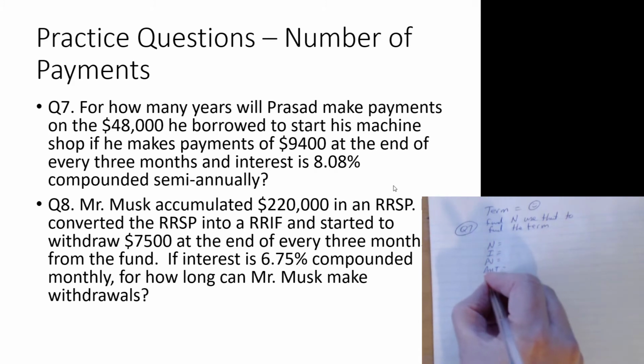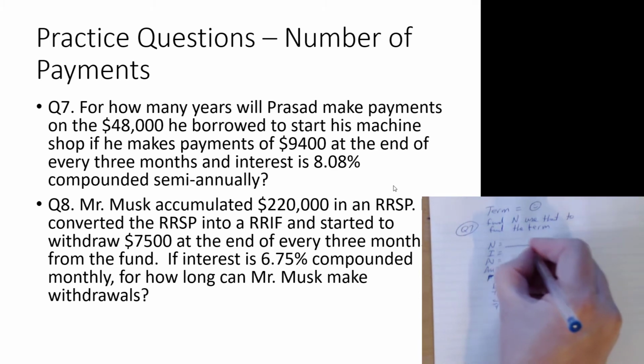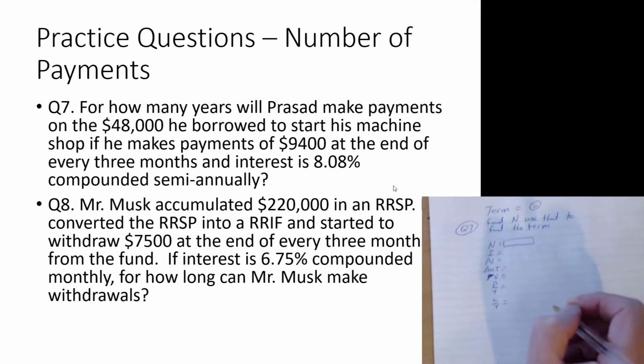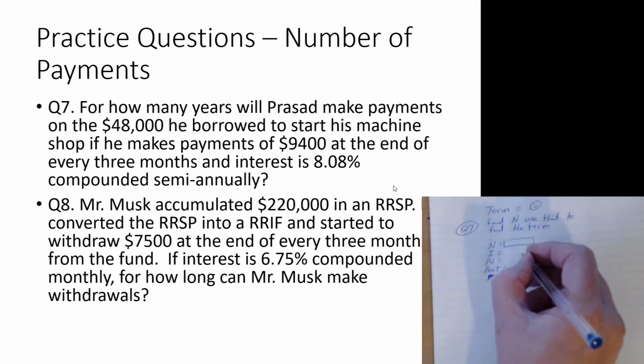So we set up all our standard annuity stuff. N is what we want. Then we're going to use that in one little extra step. So far it's been: it came out of the calculator, I write it down, I'm done, off I go. This one has a teeny tiny little step to go.